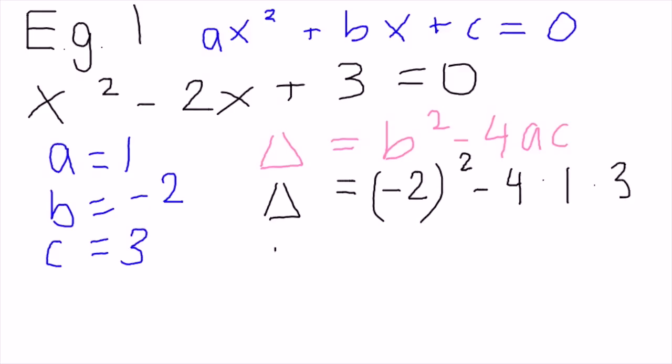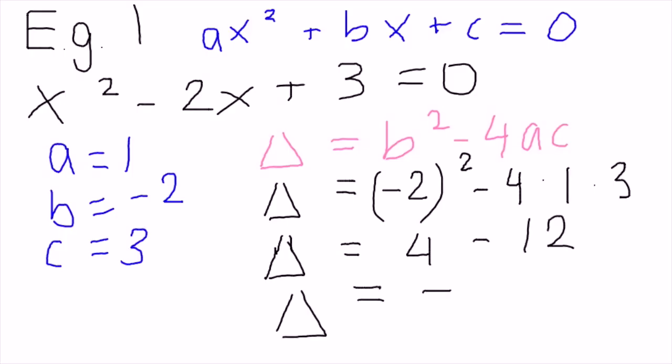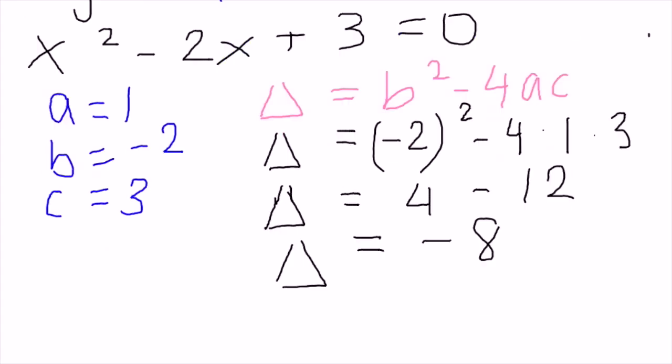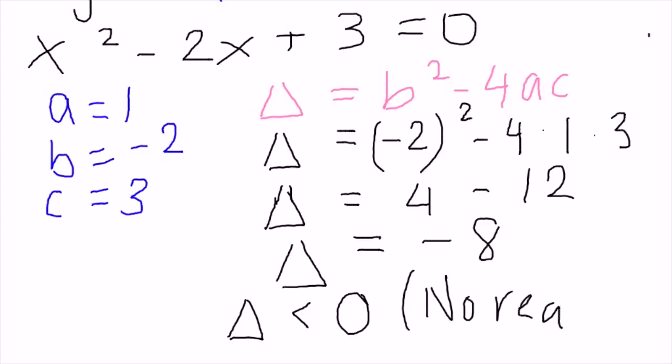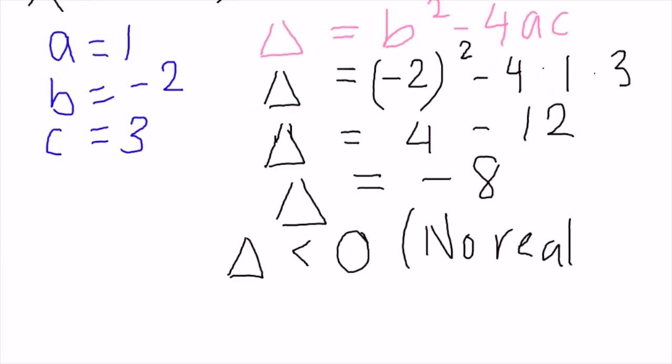So delta is equal to 4 minus 12, which makes delta equal to minus 8. And as you can see, delta is less than 0, so you have no real solution.